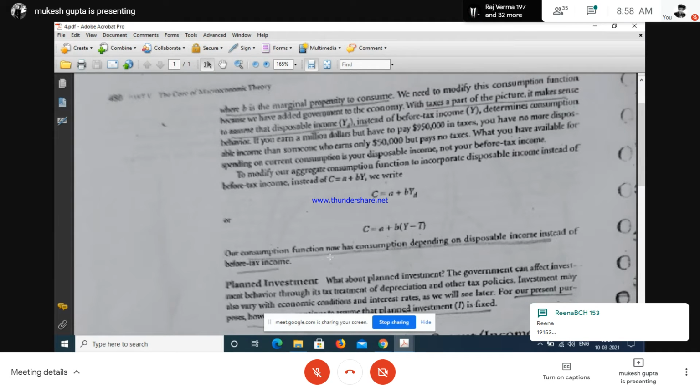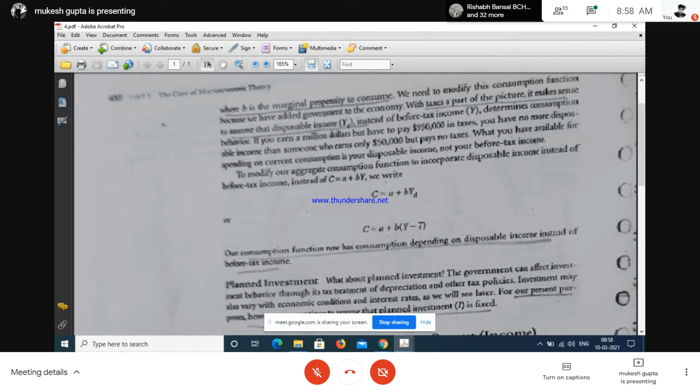So ultimately, that is the disposable income YD which decides the consumption expenditure. So basically, we can say that consumption expenditure is A plus B YD, that is disposable income, and disposable income is Y minus T, that is the net tax. So that is the Y minus T here, which is affecting the consumption expenditure here.